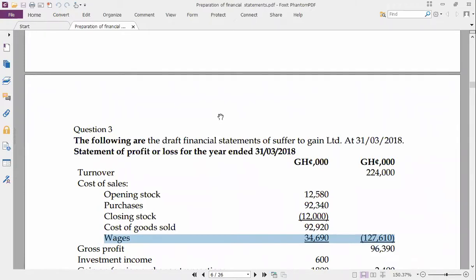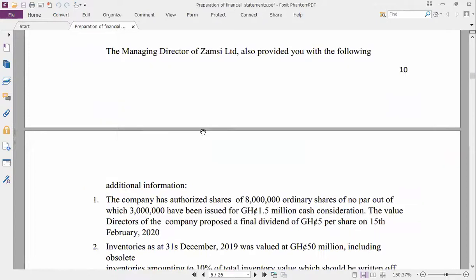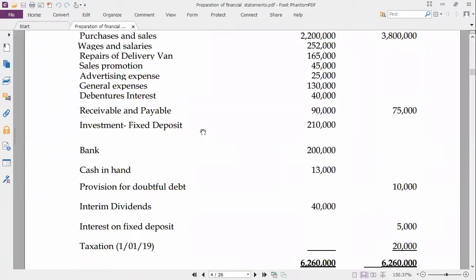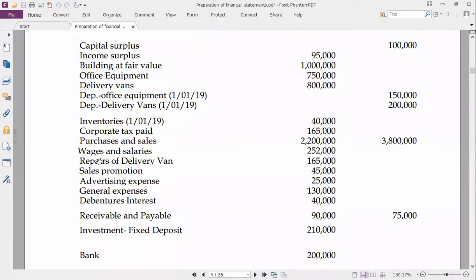So take note. Now let's come back to our question. Now from wages and salary, what's the next item on the list? Repairs to van, sales promotion, advert, general expenses. Everything.